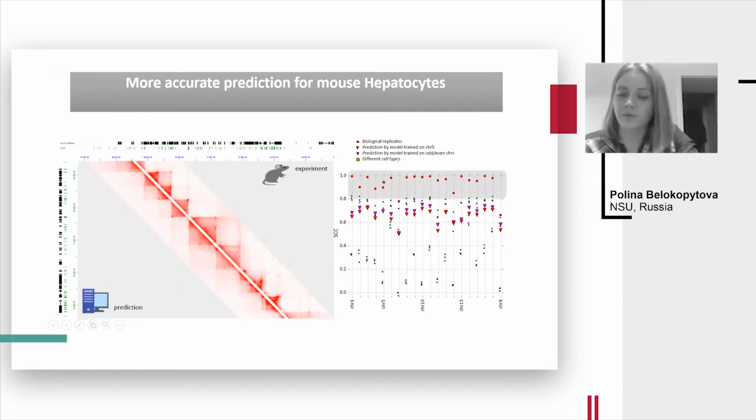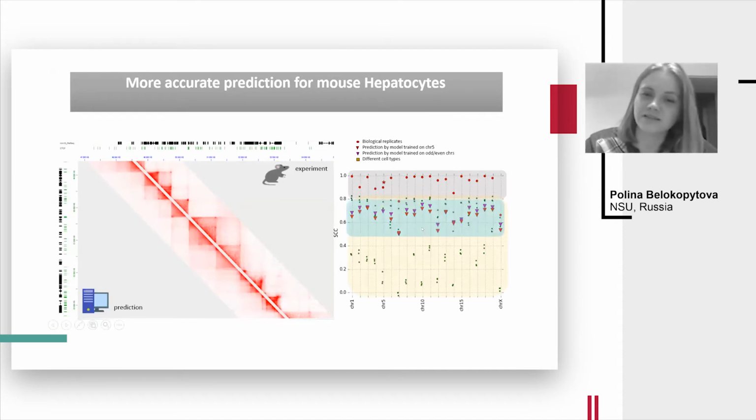Then we compared Hi-C maps of distinct cell types and compared the differences between predicted data and real Hi-C data. As you can see, the differences between predicted and experimental Hi-C data are closer to the differences between replicates than differences between distinct cell types.